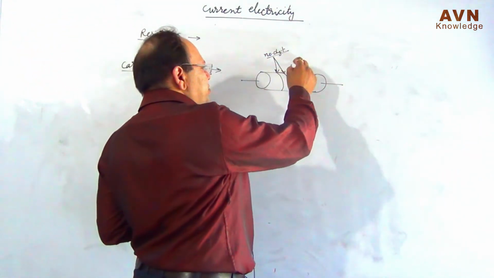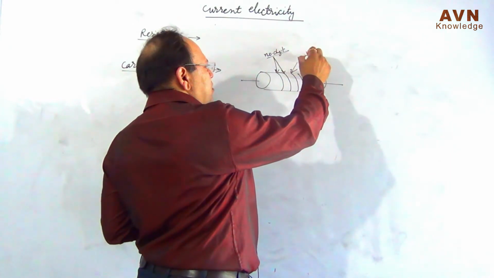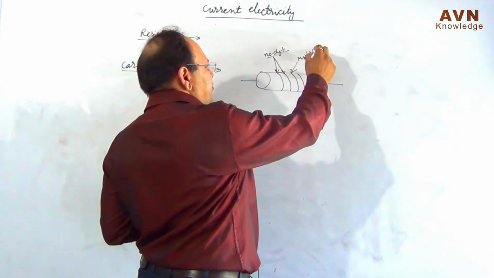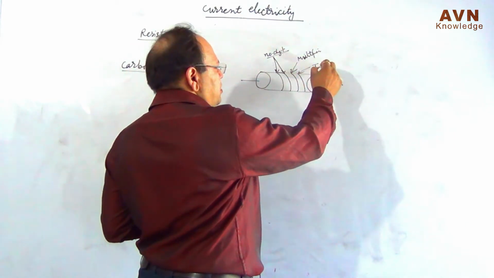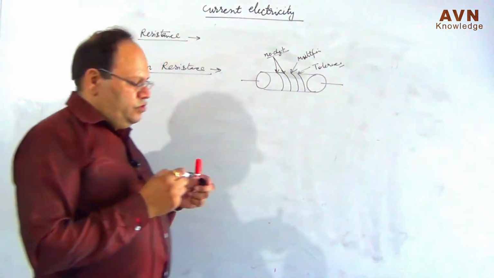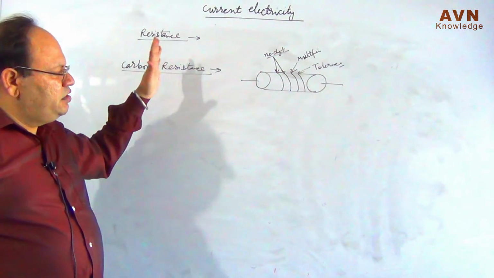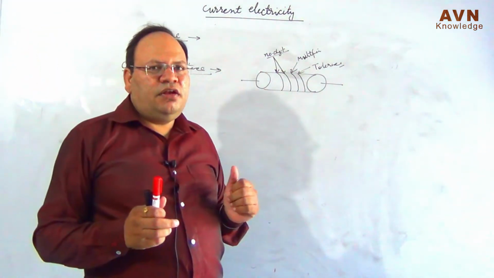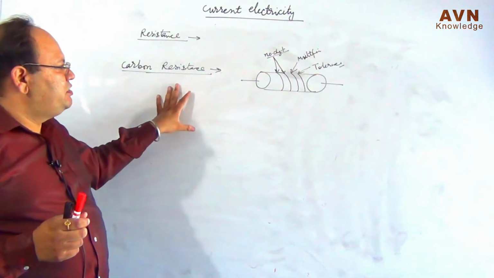The third strip is the multiplier factor, and the fourth shows the tolerance. For different colors the resistance is different, and here we study how we calculate the carbon resistance.